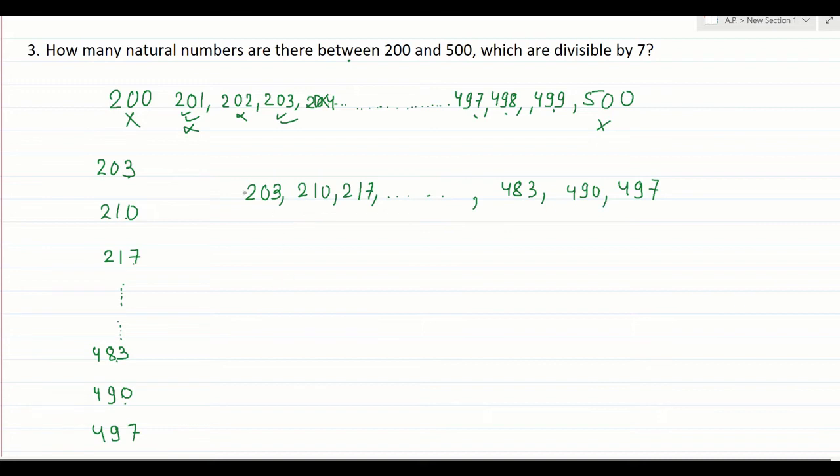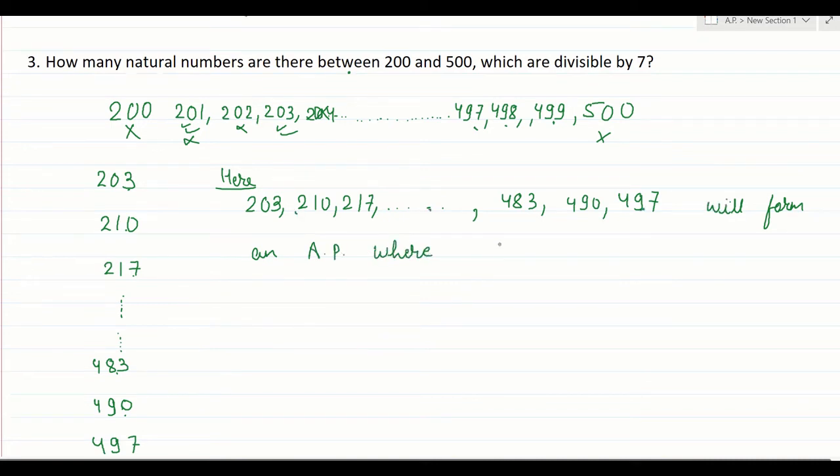So we can write here this will form an AP where A, the first term, is equal to 203. Common difference D is 210 minus 203, which is equal to 7.